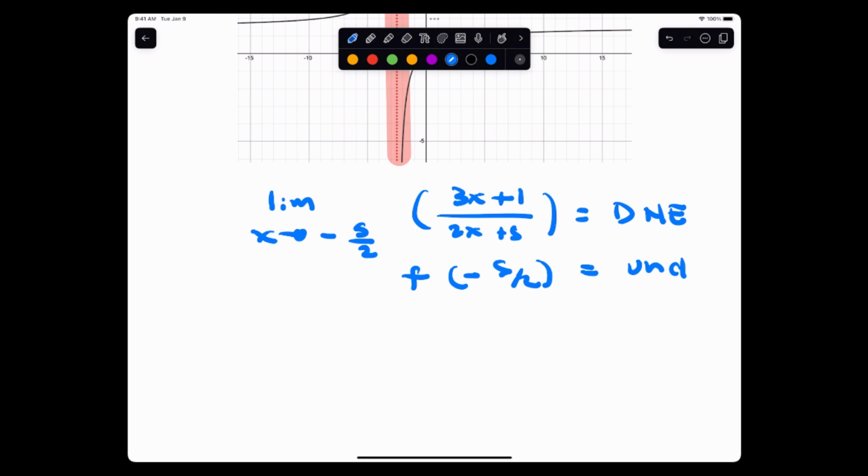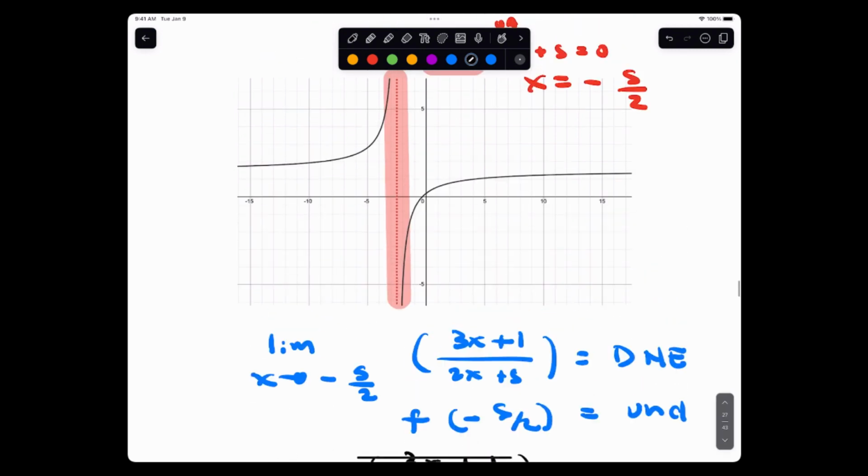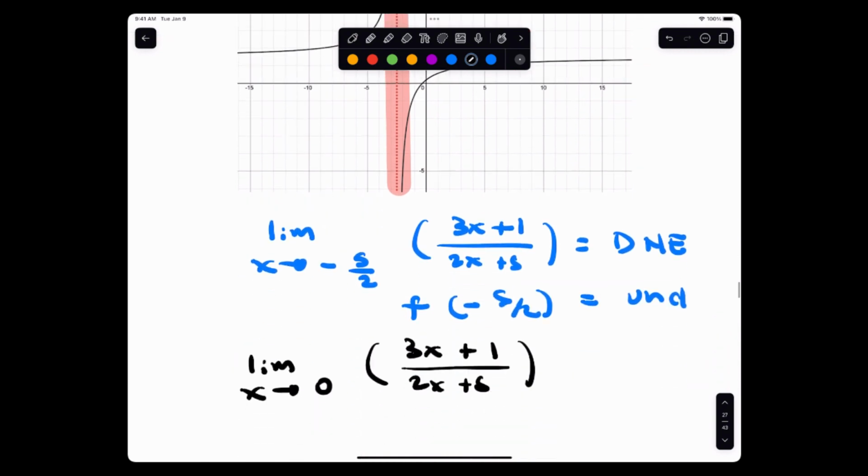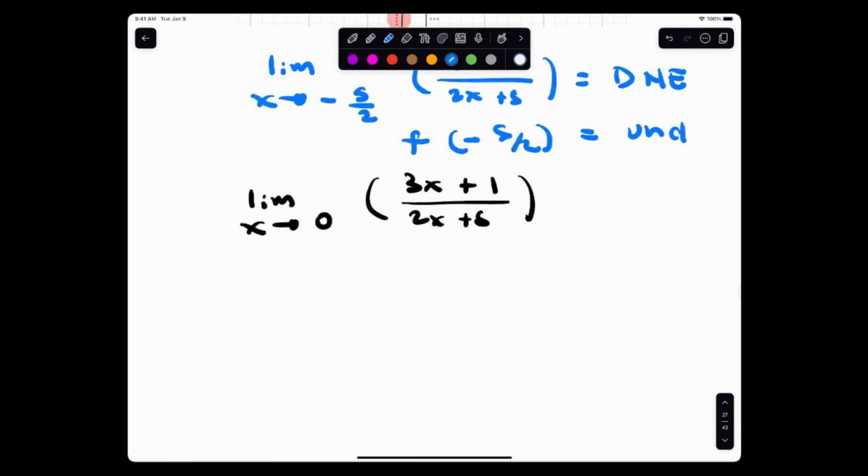And then what you can really say, if they asked you, they'll say, okay, what's the limit at any other point? Right? You know this function's continuous how? Everywhere else except at negative 5 halves. So we can just do what? Plug in 0.